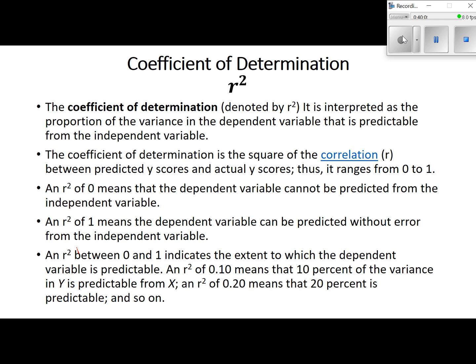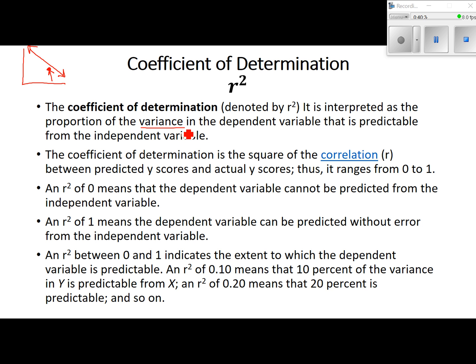What they're saying there is if we have our graph, and let's say this is our line of regression, R squared is telling why this point isn't exactly on that line.